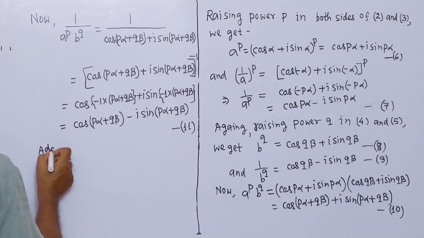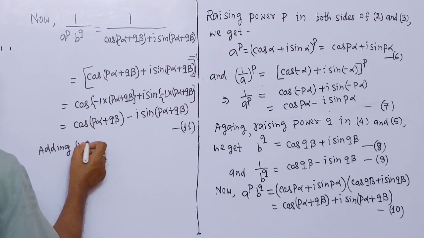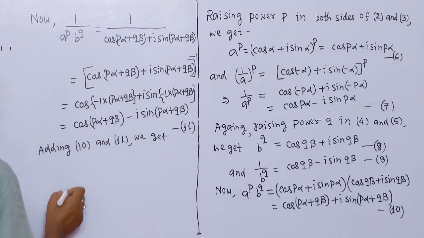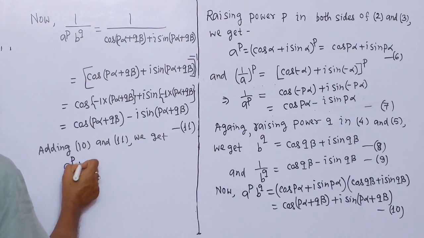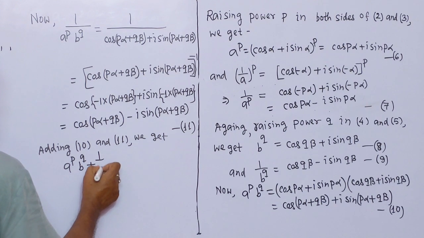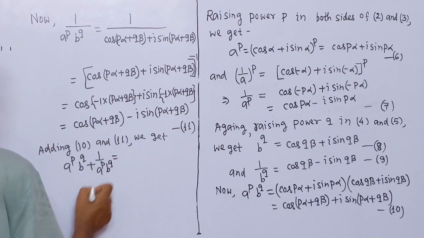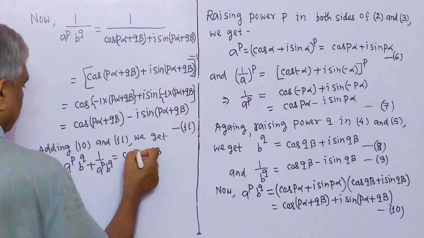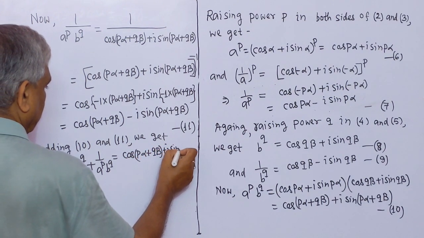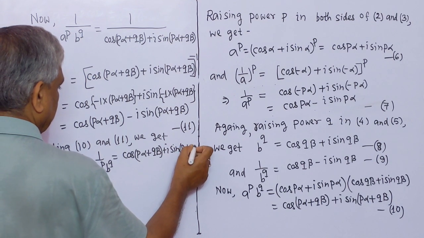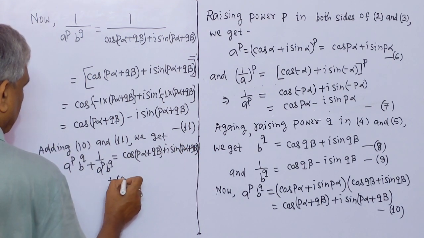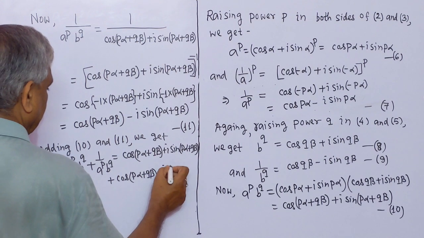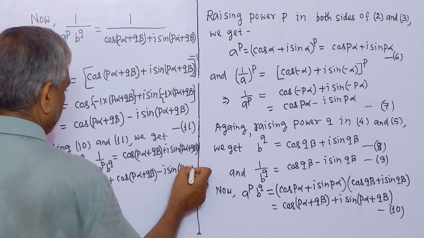Adding 10 and 11, we get a to the power p b to the power q plus 1 by a to the power p b to the power q equals cos(p alpha plus q beta) plus i sin(p alpha plus q beta) plus cos(p alpha plus q beta) minus i sin(p alpha plus q beta).